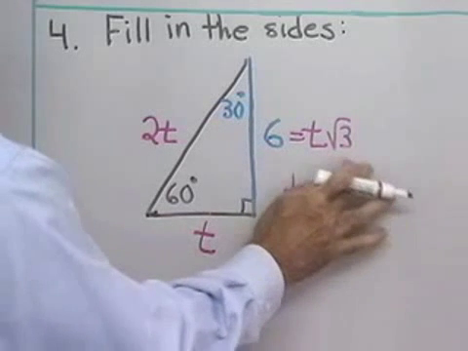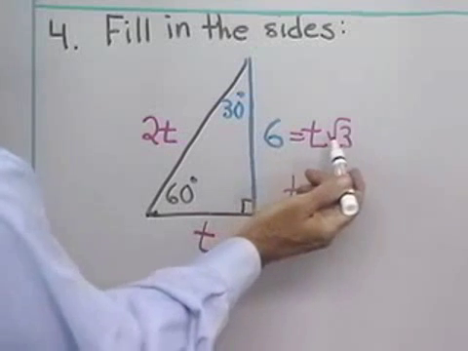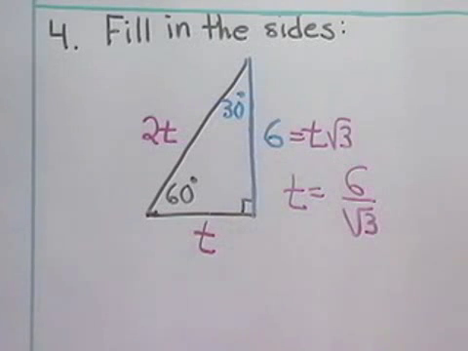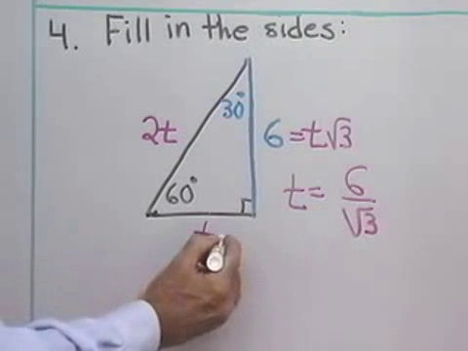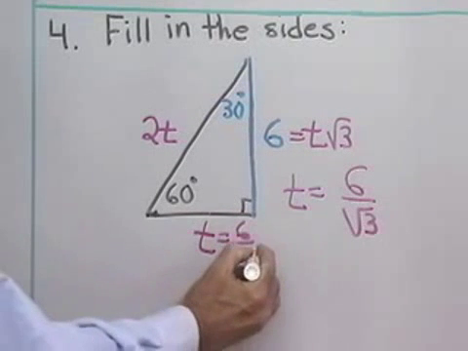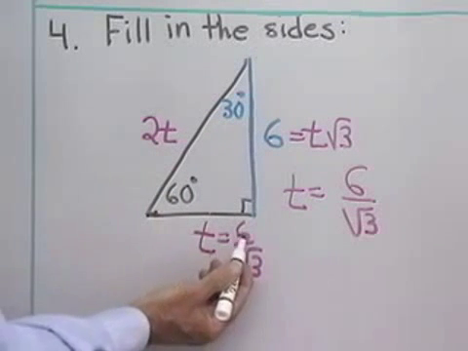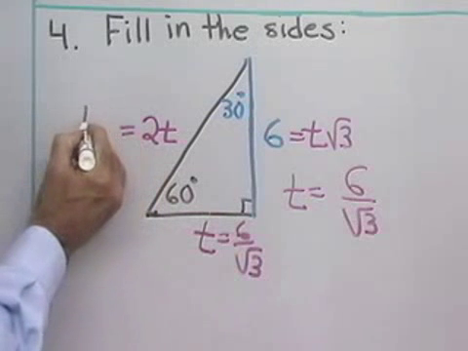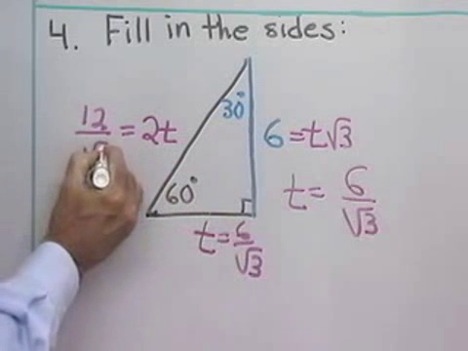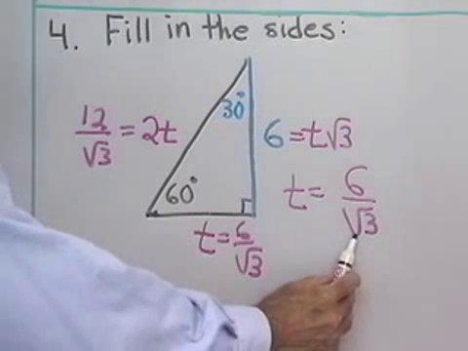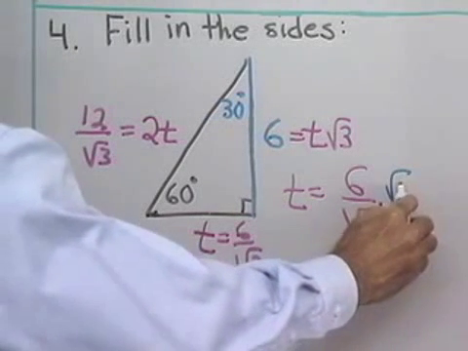Whoops, take that back. t is equal to 6 divided by square root 3. So that's what t is equal to. That would be the shortest side, 6 over square root 3. And then the other side would be twice that, so 2 times 6 over square root 3 would be 12 over square root 3. And then remember with radicals in the denominator, we could, if we want, rationalize this denominator.